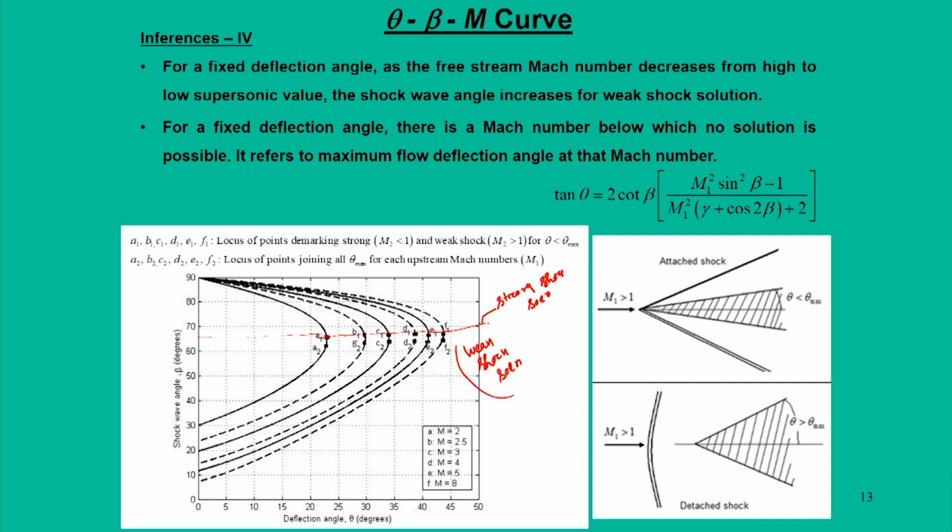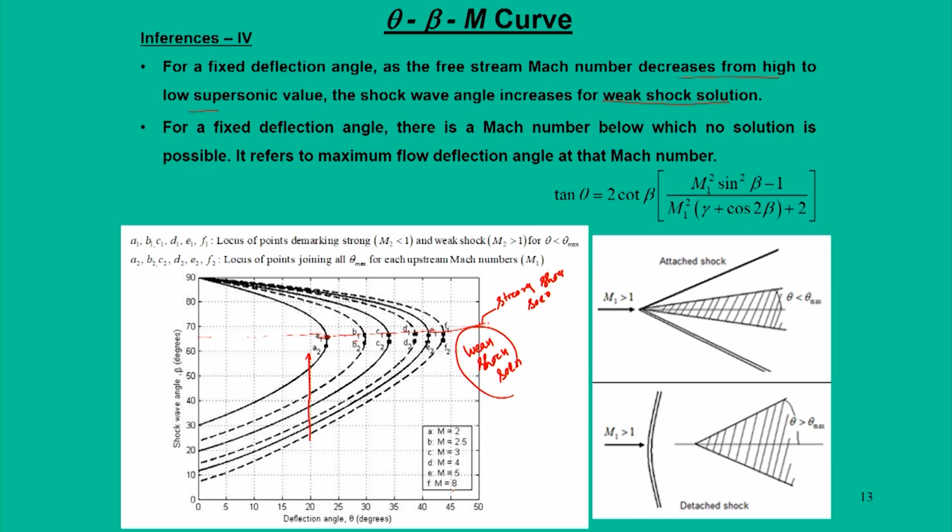Now, in this weak shock solution region, if we are increasing the Mach number, that means we are going vertically. So, here in this curve, when we are going vertically, the Mach number decreases from high to low supersonic value.